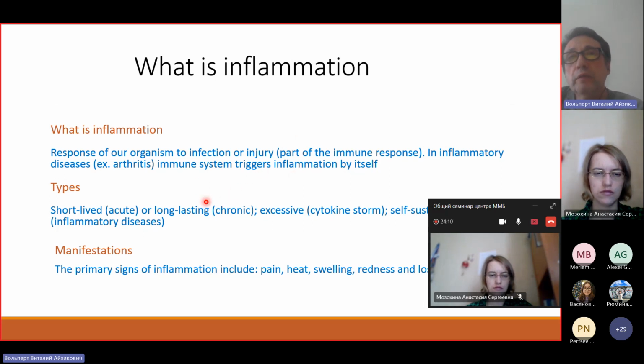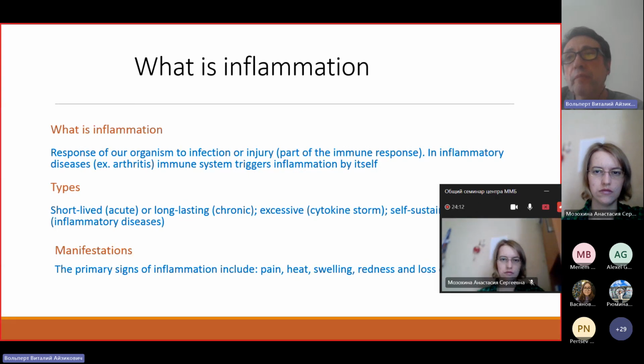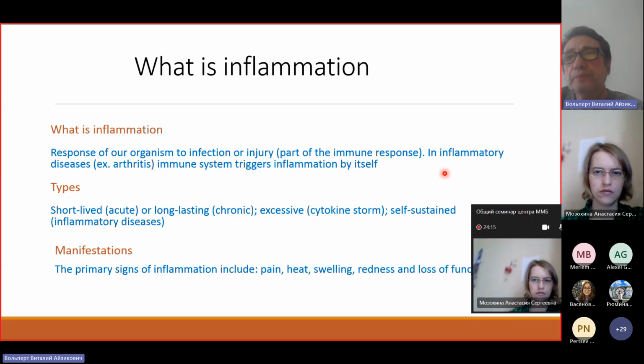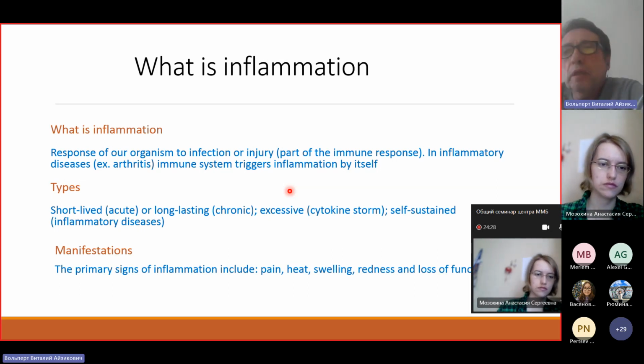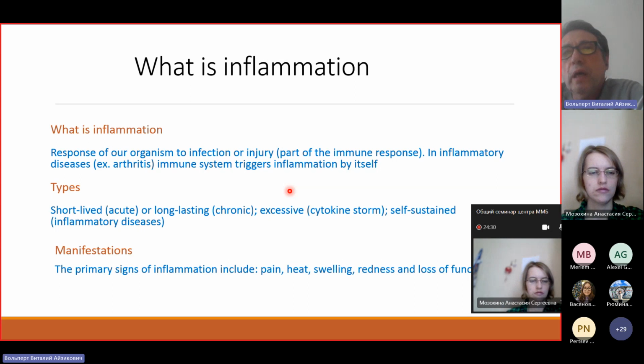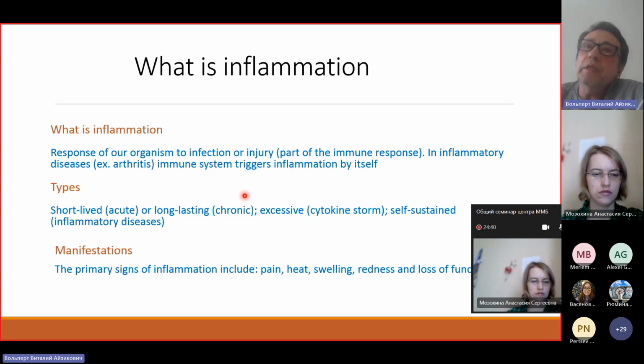Also, a very interesting question is about types of inflammation and how to classify them. When you type just chronic inflammation, or just inflammation, in a search engine, you will see many responses, and rather often inflammations are classified as short and long: short is acute and chronic is long-lasting, long in time.